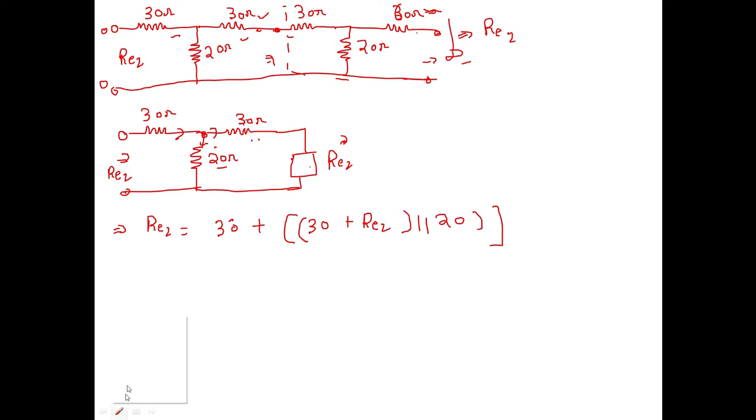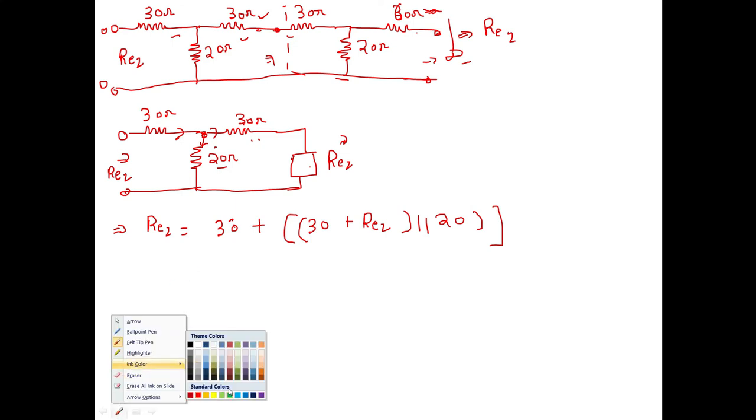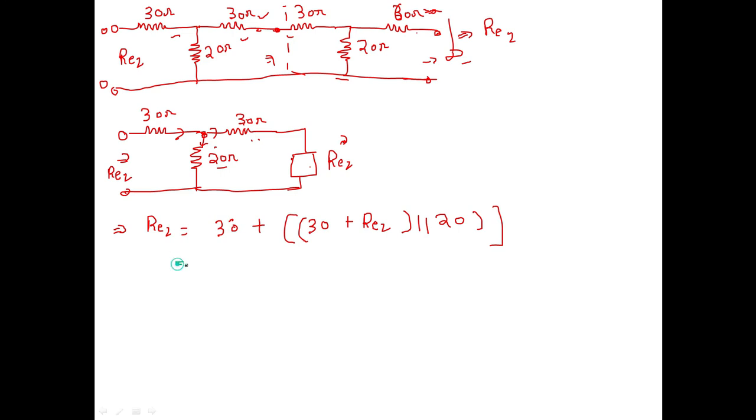Now if we solve it, that is 30 plus (30 plus R equivalent) multiplied by 20, over (30 plus R equivalent plus 20).